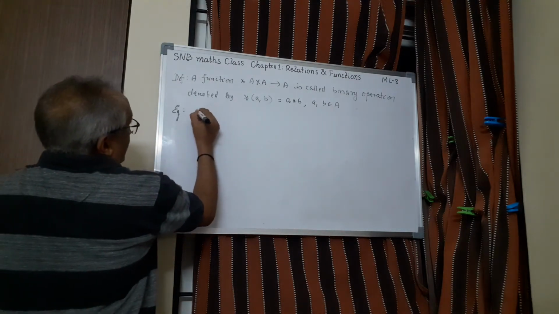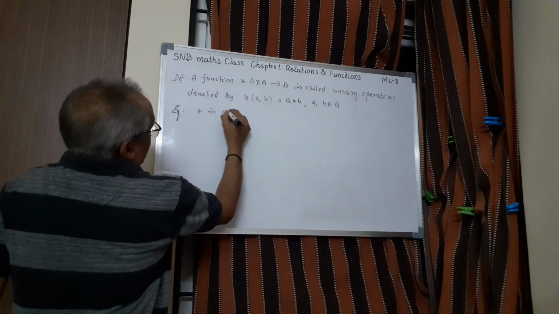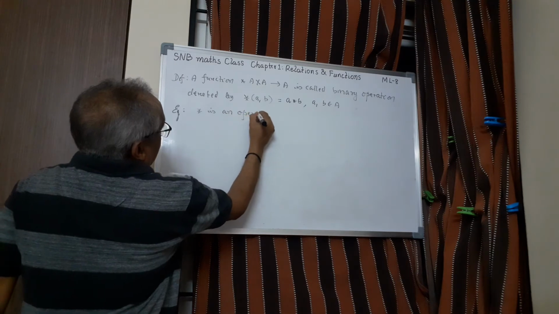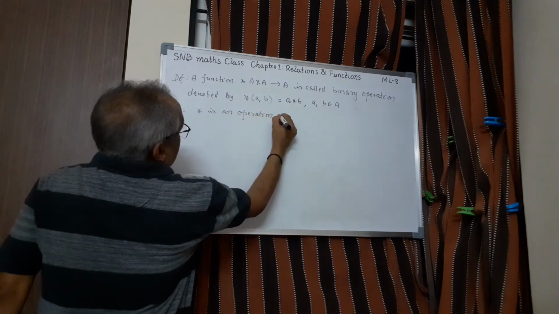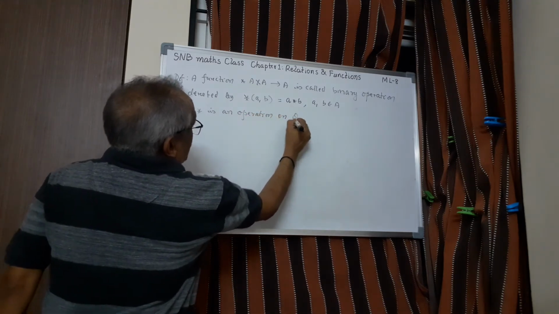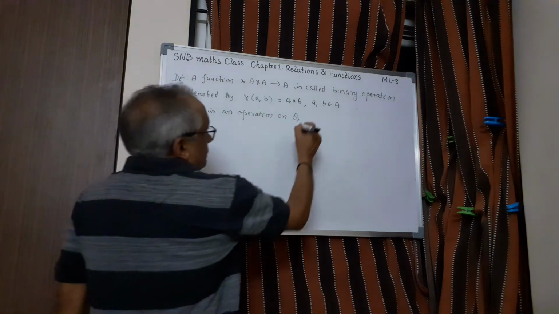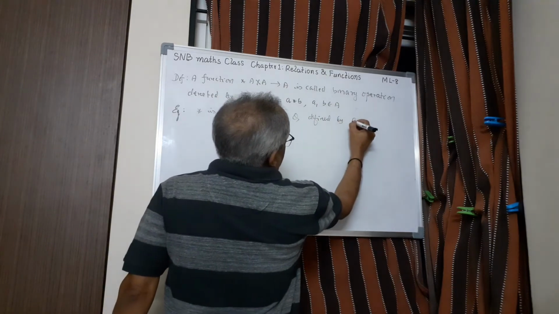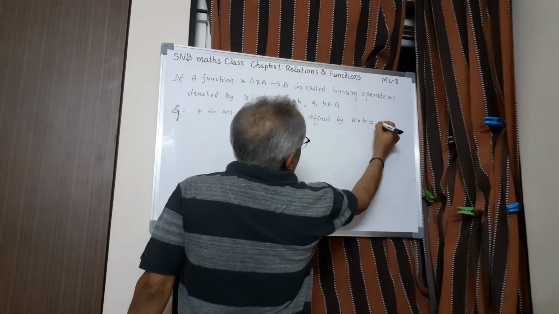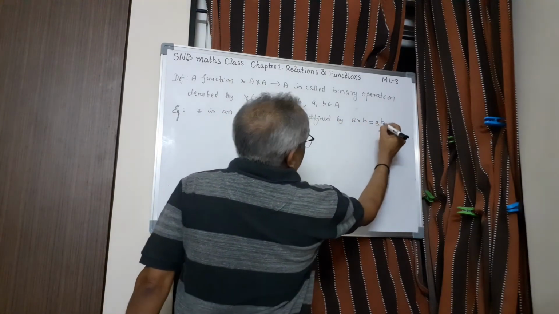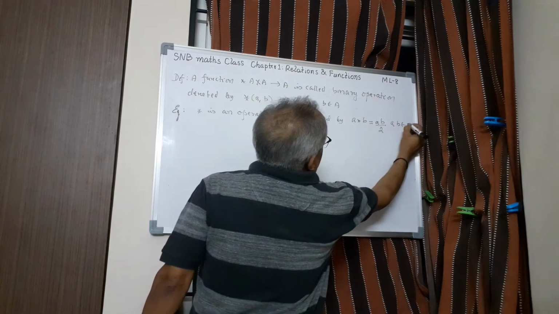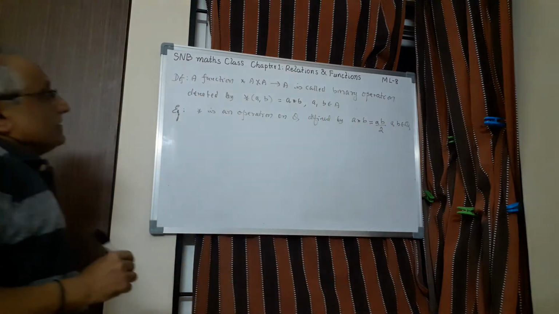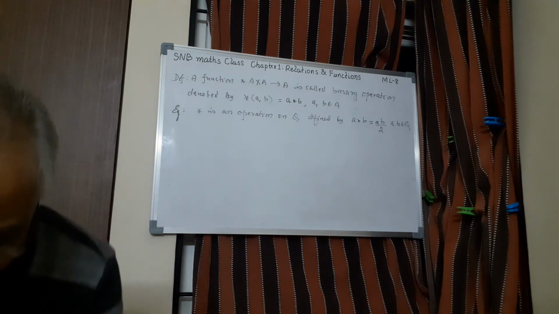Say star is an operation on Q, Q meaning the set of rationals, defined by a star b equals ab by 2, where a, b belong to Q. Is it a binary operation?